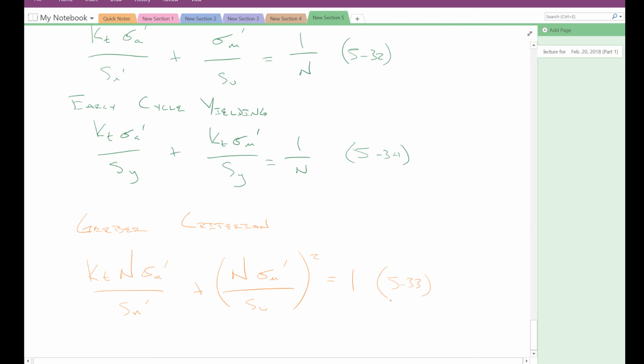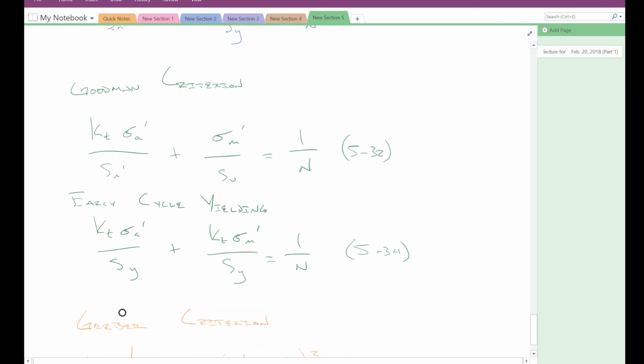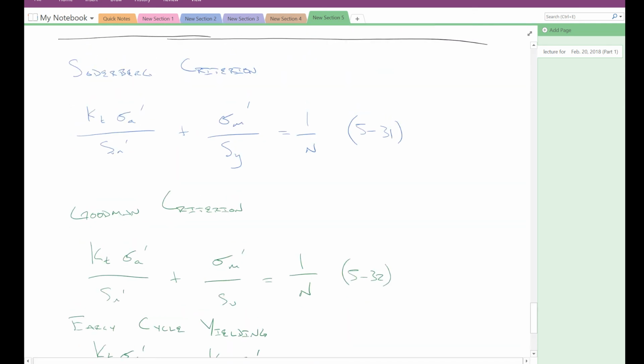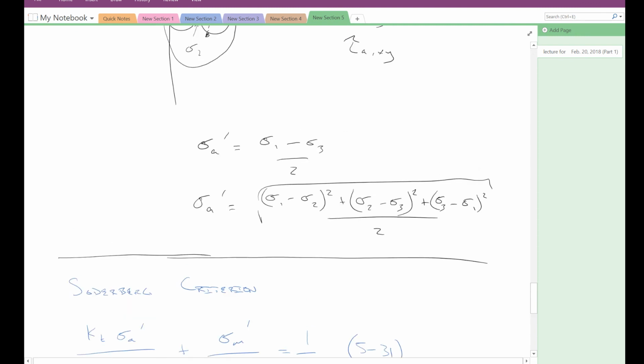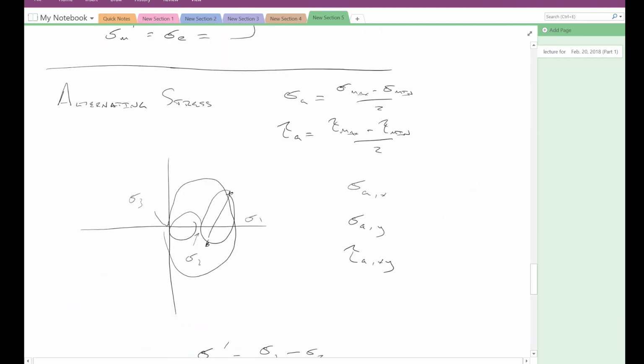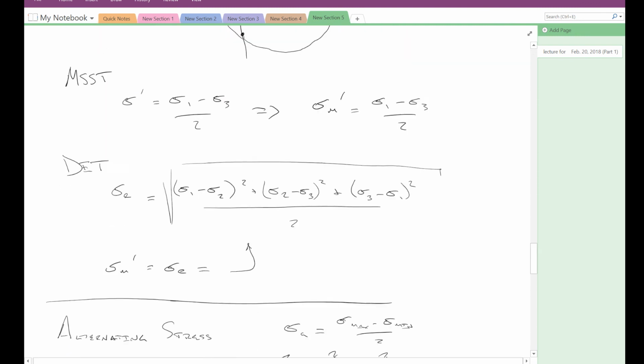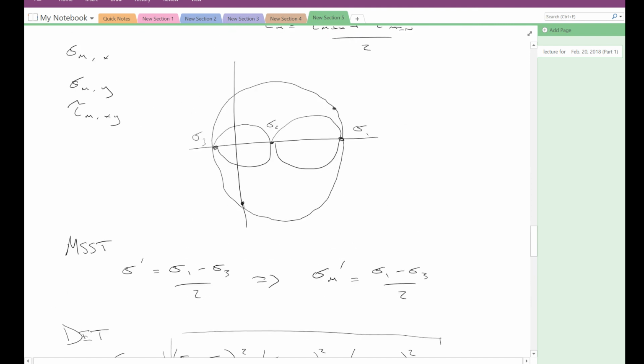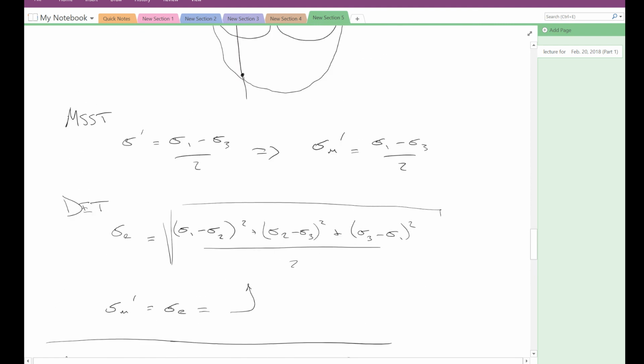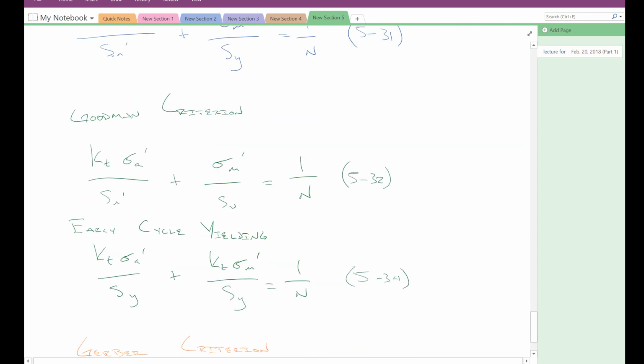All right. Again, in our discussion on design for cyclic loading, we're going to skip the Smith diagram, which is still a valuable tool. However, we're just not going to focus on it for the course material here. So this is going to conclude our discussion on design for cyclic loading, focusing primarily on ductile materials.